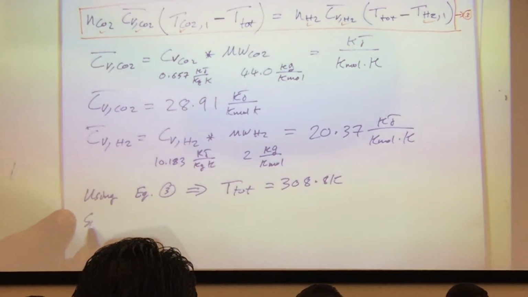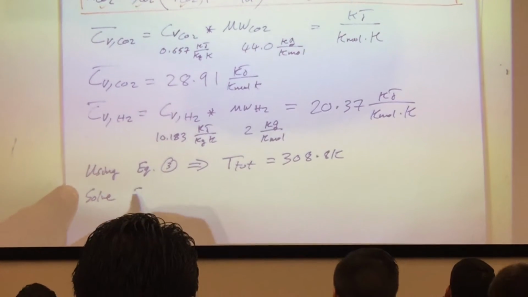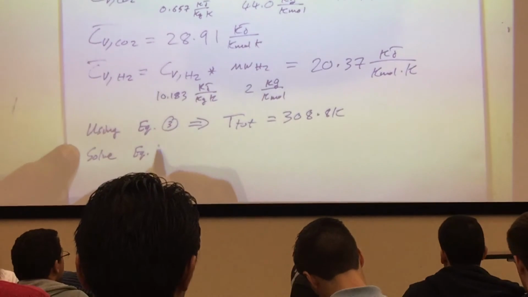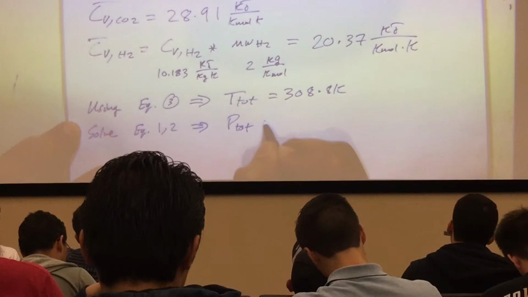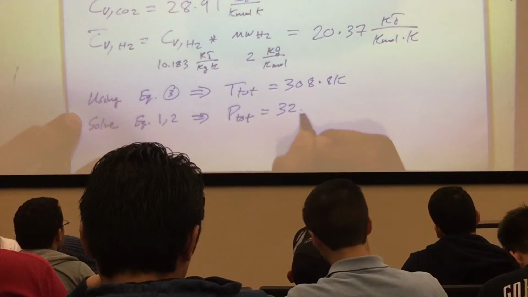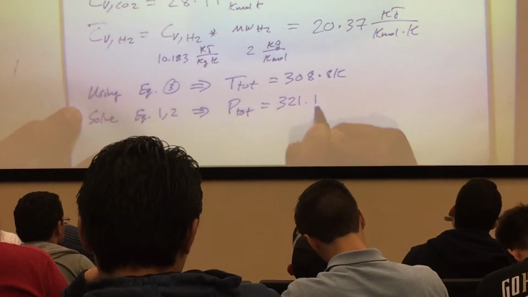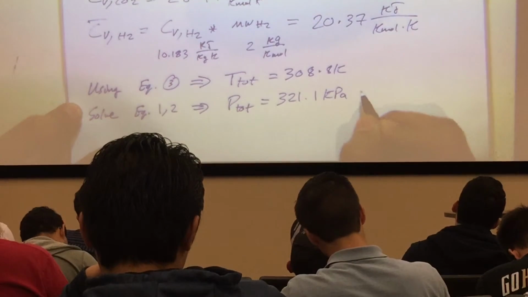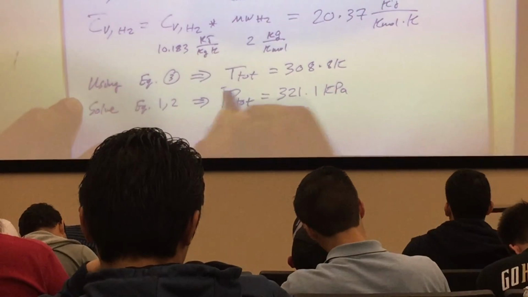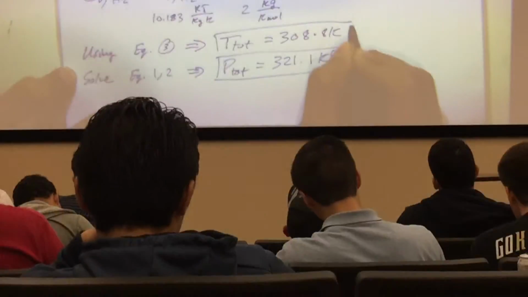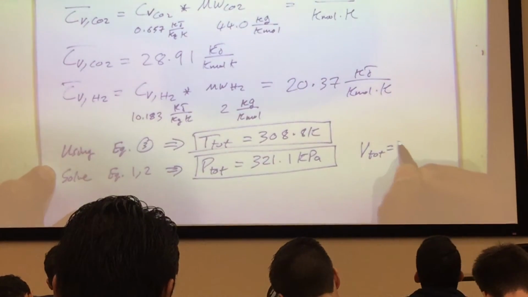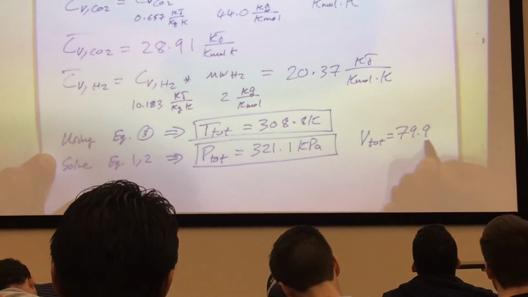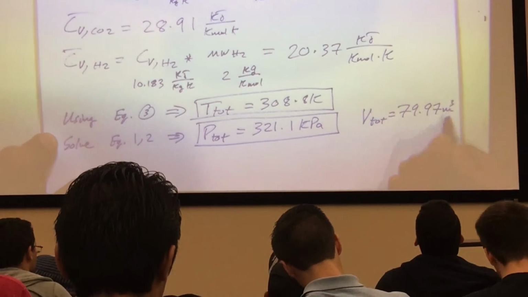So solve equations 1 and 2, and what we are going to get is P total equal to 321.1 kilopascals, and V total is equal to 79.97 meters cubed.